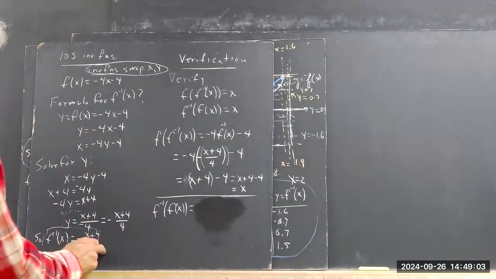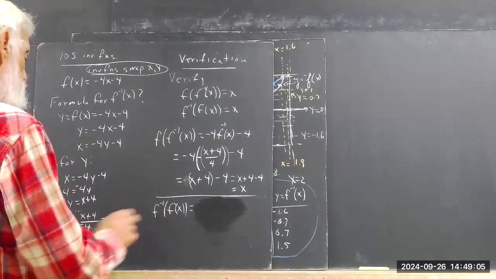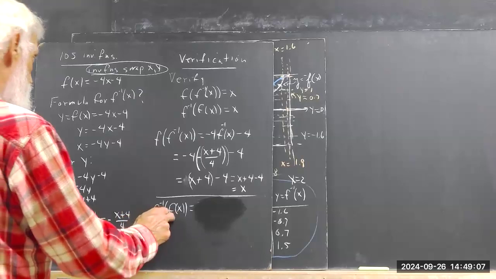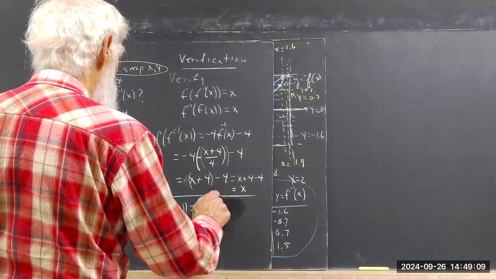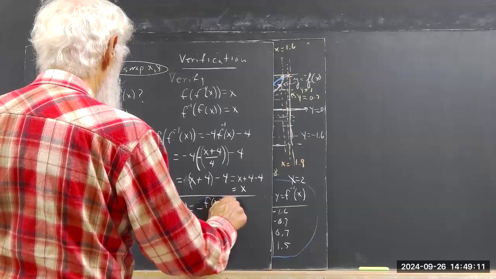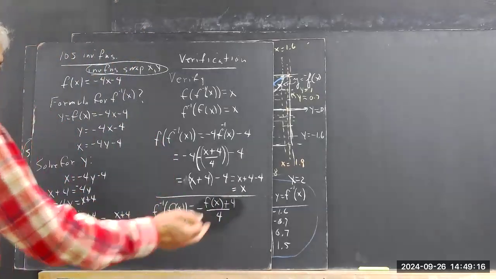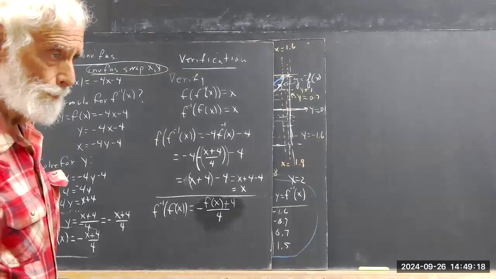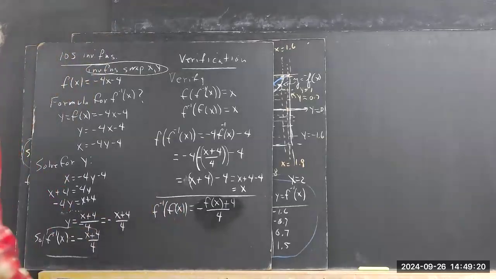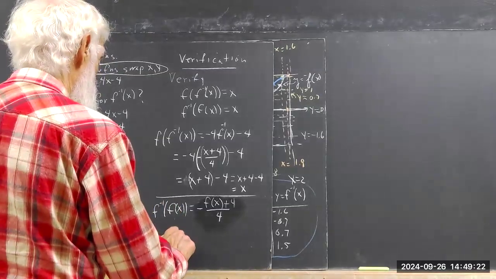F inverse, here's the formula. So if I replace x by f of x, I get negative f of x plus 4 over 4. So you see, I started to skip a step there and I messed it up. Okay, so be careful.